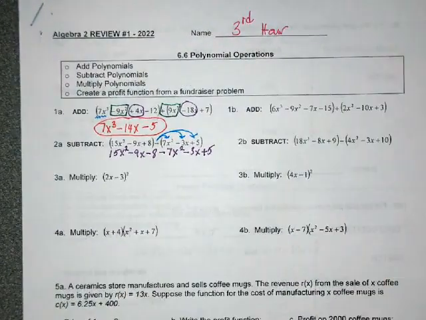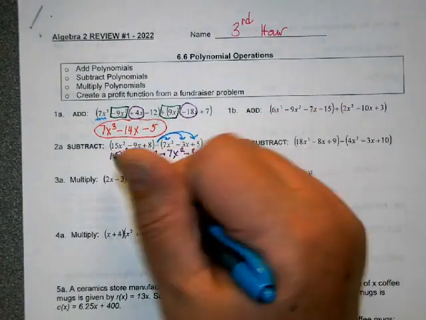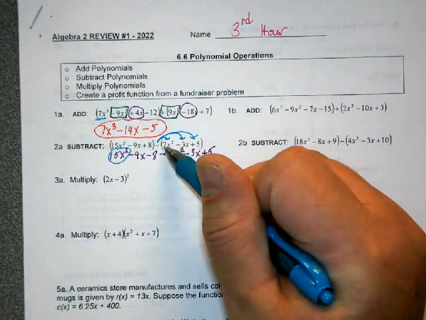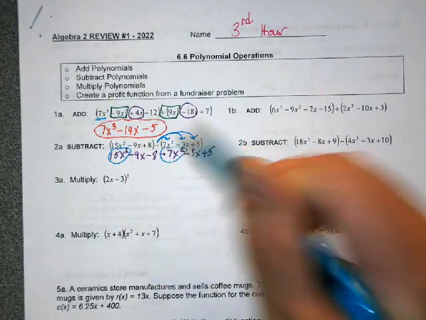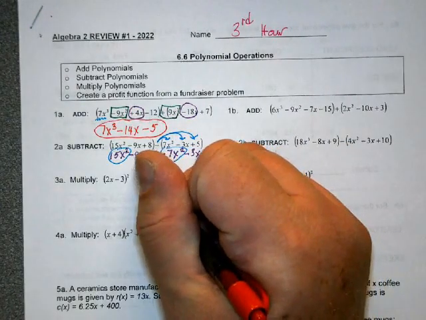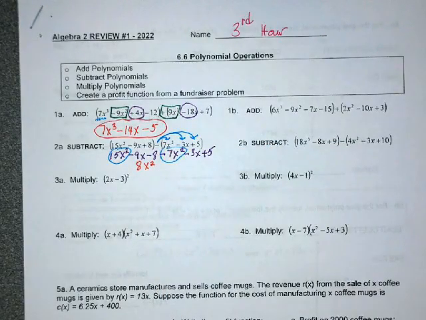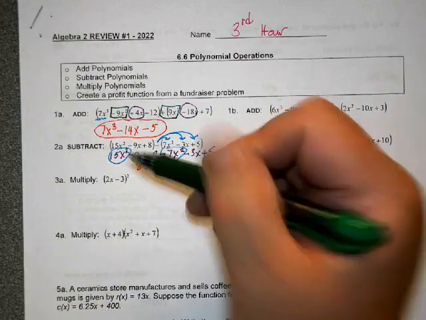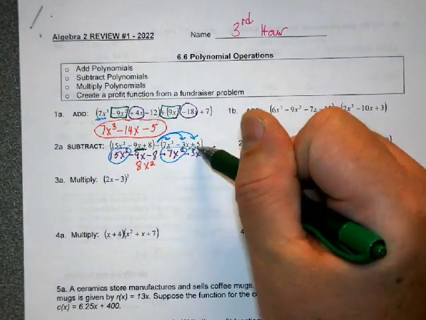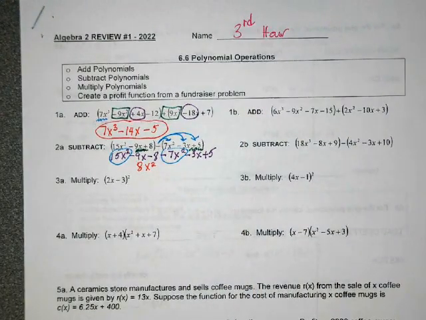Combine my like terms. Let's see my x squareds. 15x squared and a minus 7x squared is 8x squared, right? Let's see, negative 9x and a negative 3x is a negative 12x. 6x.